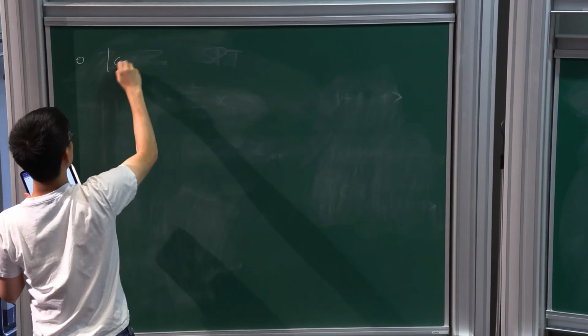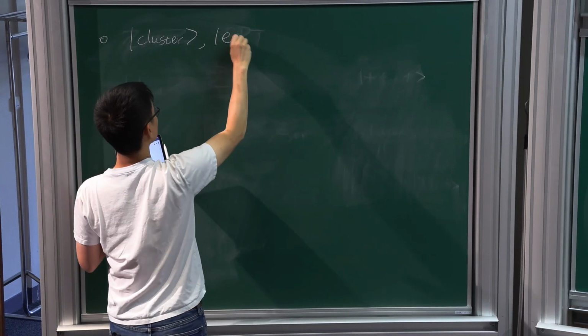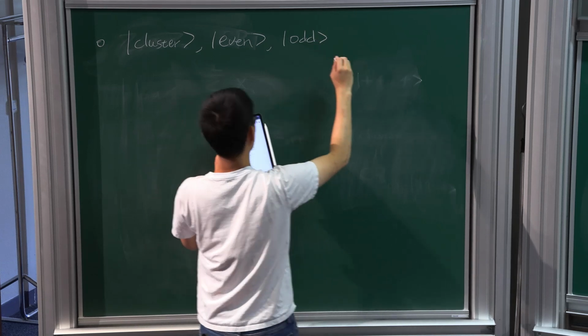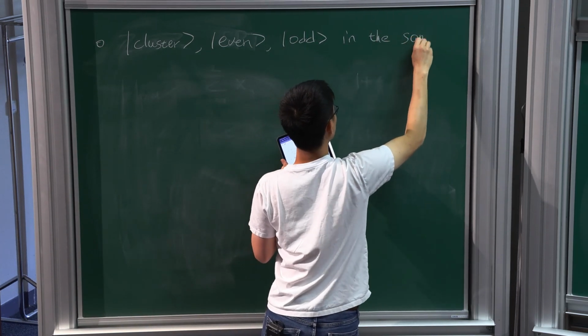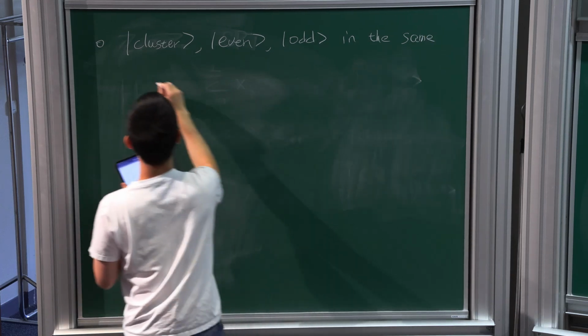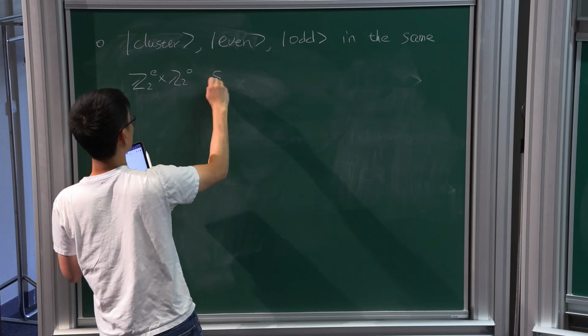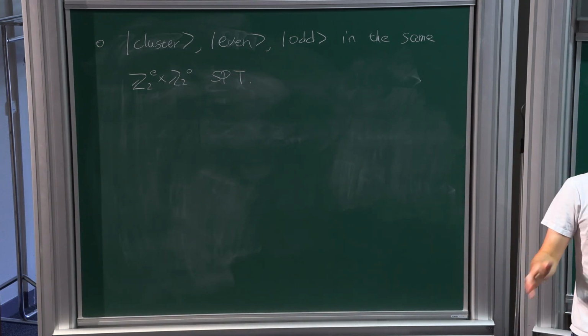The first comment is that the cluster, the even, and the odd are in the same Z2 even and Z2 odd SPT class. So you have a big symmetry Rep(D8).